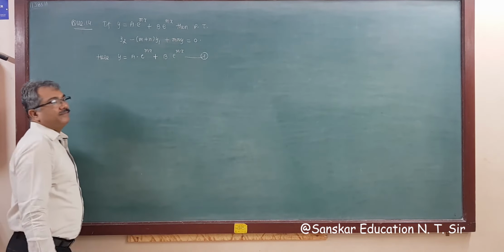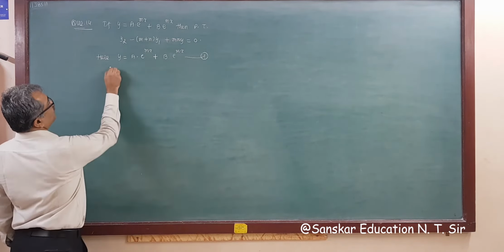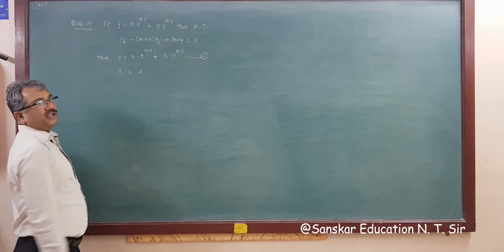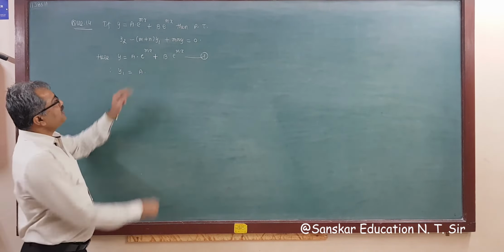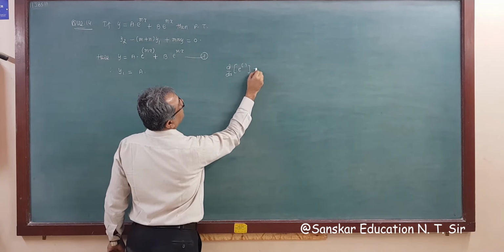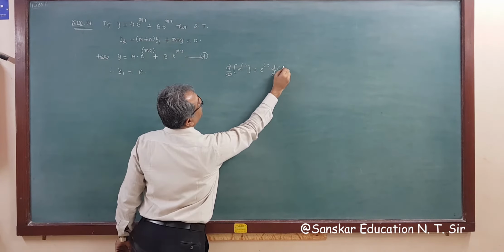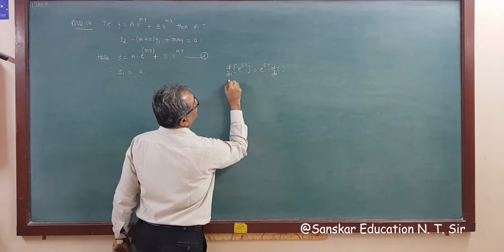So y1 is equal to a constant, e raised to bracket. The derivative of e raised to bracket is e raised to bracket into d/dx of the bracket, applying chain rule.